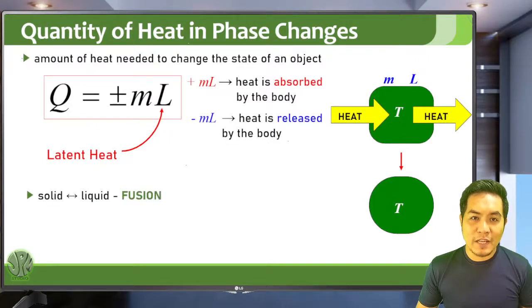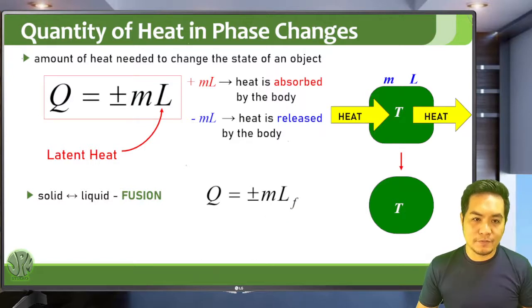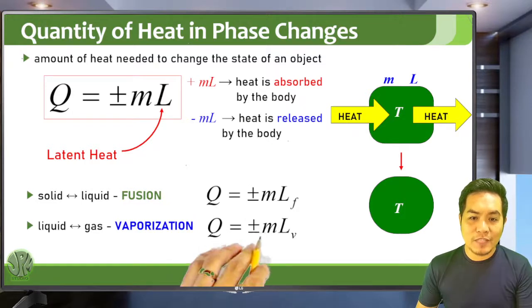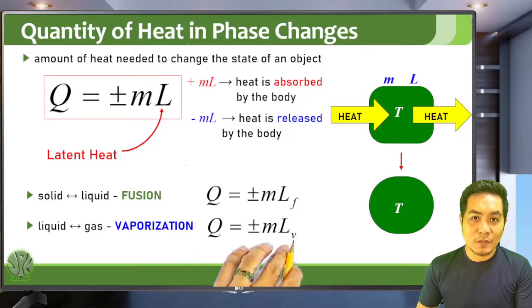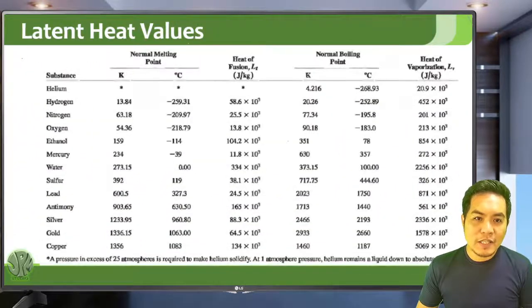So solid to liquid transformations are usually called fusion, and the latent heat involved in that is the latent heat of fusion, with the subscript F. And liquid to gas transformations are usually referred to as vaporization, and the latent heat involved in that is the latent heat of vaporization, L_V. So these are the different latent heat values for different materials.